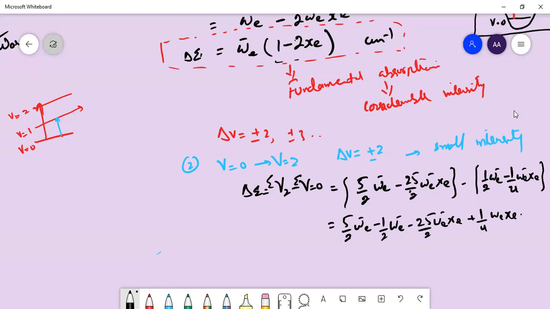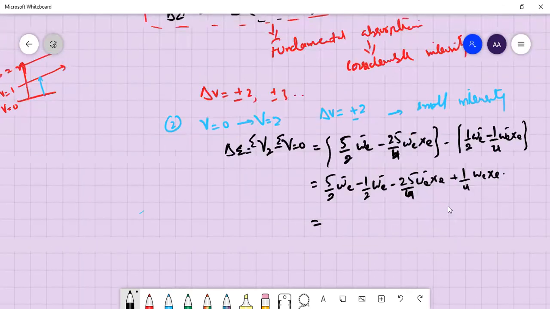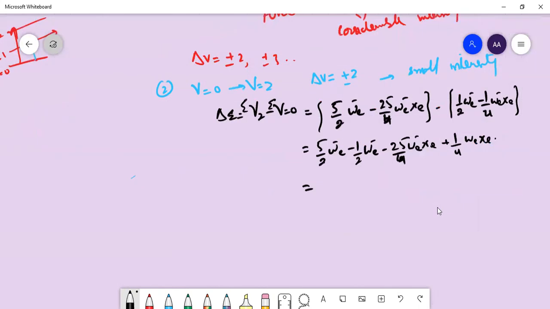Okay, 25 by 2 is 50 by 4. So if I solve this, the bases are the same. Here 5 minus 1 is 4 by 2 omega e bar. Likewise here, this is our 25 by 2, which is 50, and this is our 1 by 4, so what I will get here is 24 divided by 4 omega e bar xe.